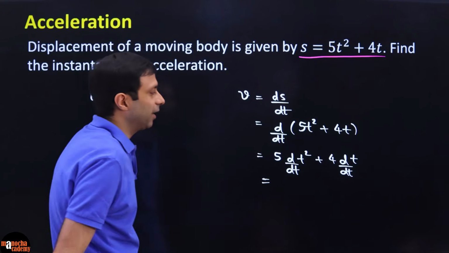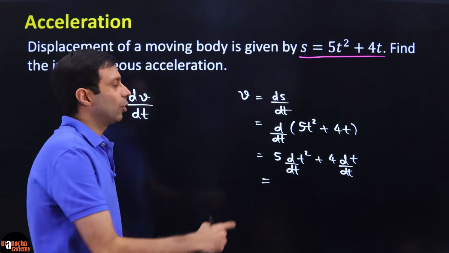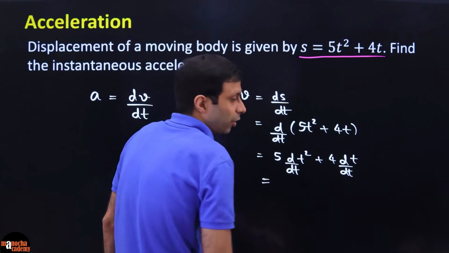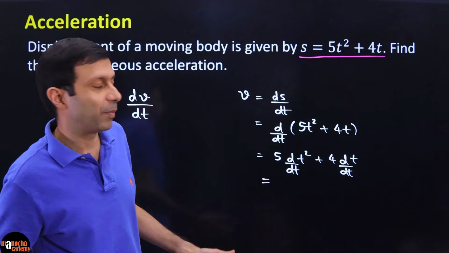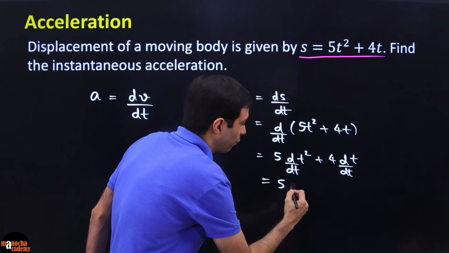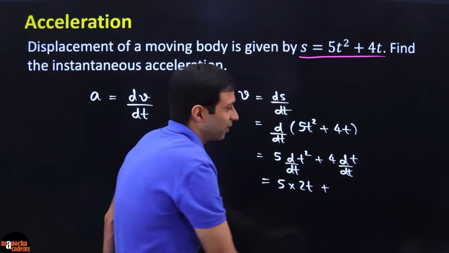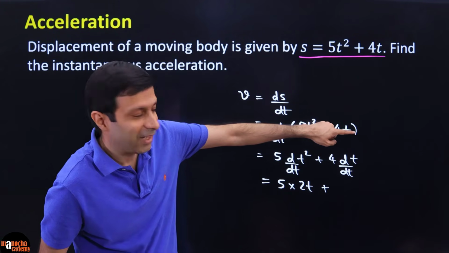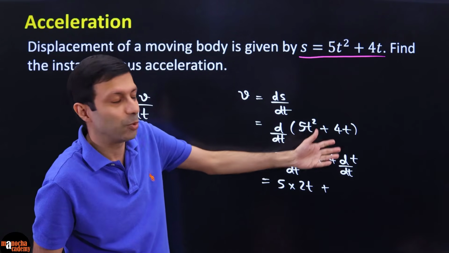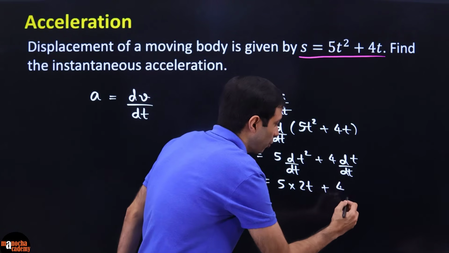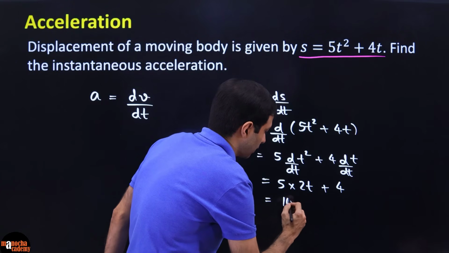So what will you end up getting? d/dt of t squared, like we saw, is 2t. You can use that n times x to the power n minus 1 formula. So this will give you 5 times 2t, and d/dt of t is 1. You can easily remember that like this, right? dt and dt seem to be cancelling. So that's going to be plus 4. So I'm getting 10t plus 4.